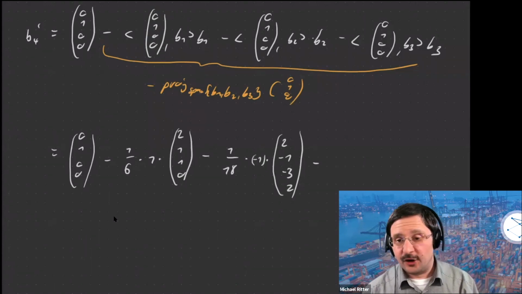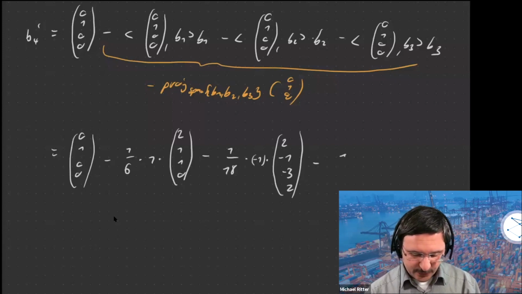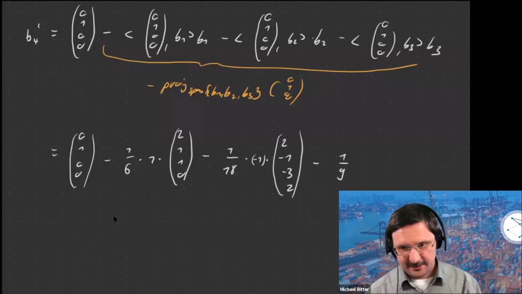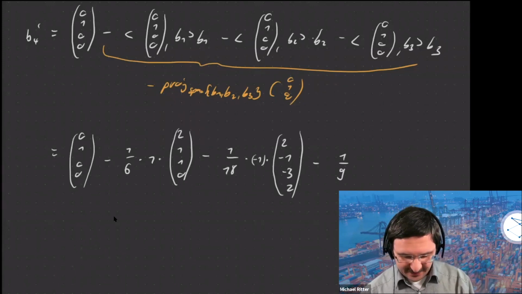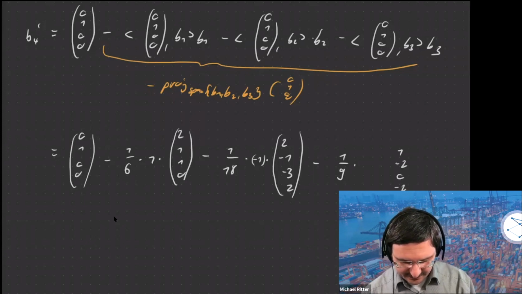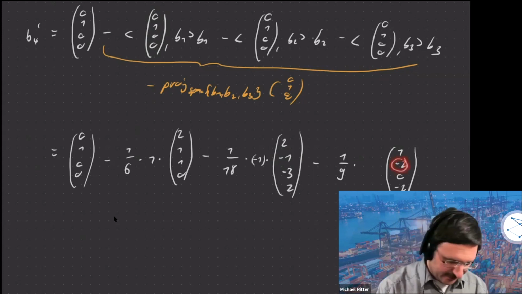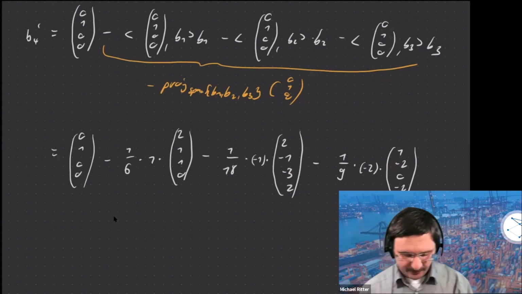B3 had a factor of 1 over 3. So please be careful with that. 1 over 3 squared is 1 over 9. Please don't make the mistake of writing 1 over 3 here. If you take out both factors. Times B3 was a vector, let's see, 1 minus 2, 0, minus 2. So the second entry here is a minus 2. And that's exactly the scalar product that we want to compute here.